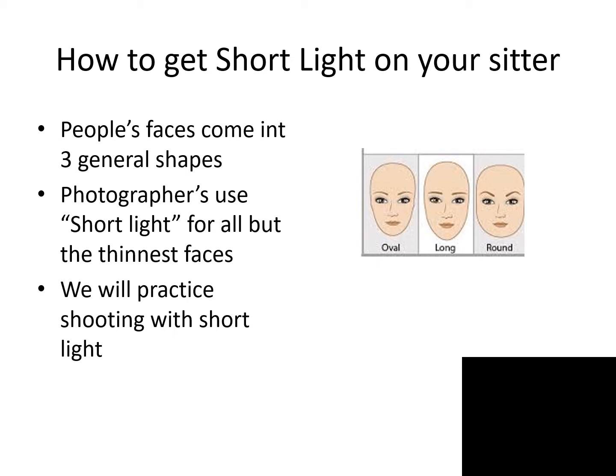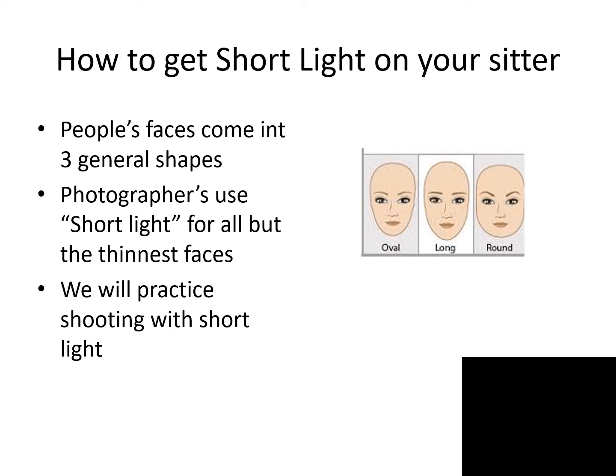So we have 3 ways to make people look their best: pose, camera angle, and lighting. We've already talked about camera angle a little bit, so we need to talk about the other two. Short light is used on round faces and oval faces.